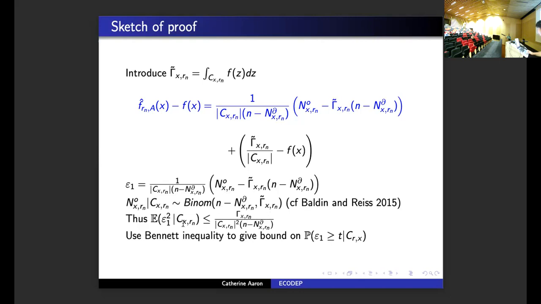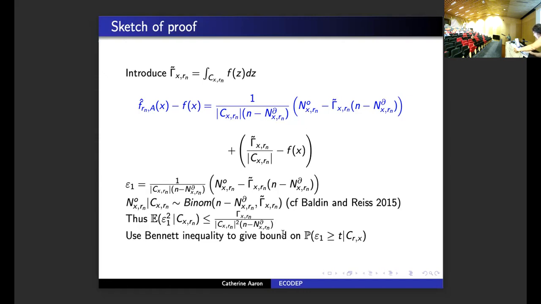And the probability to be in the interior is exactly gamma tilde. This small remark means that we can do a very easy probabilistic calculus on epsilon1. For instance, we have that the expected value of the square of epsilon1, knowing the convex hull, is less than that, and after you just have to derive very easy stuff.